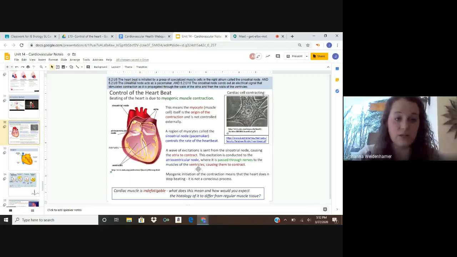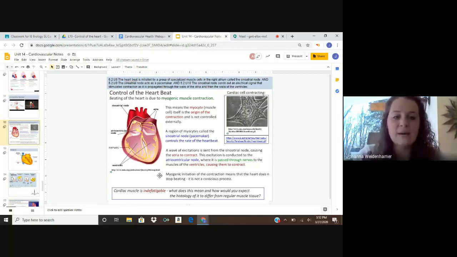So you can see here, our AV node is going to come down through the septum. You can see these two bundles coming down through, and then coming up and around the ventricles. These nerves coming up and around the ventricles are going to allow the contraction of the ventricles, causing them to push the blood out of the heart.